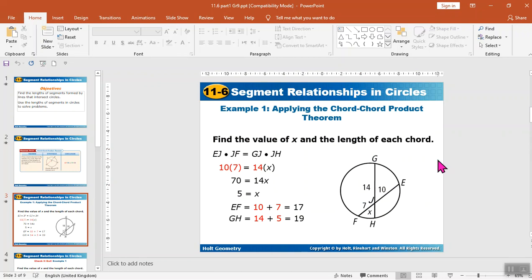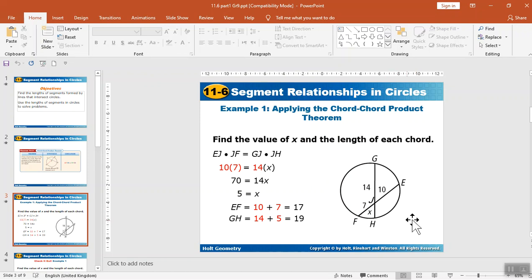is about applying the chord product theorem. Find the value of x and the length of each chord. We have here two chords, FE and HG. If we want to find x, x is a part of the chord GH. How much is it? We will write the theorem.